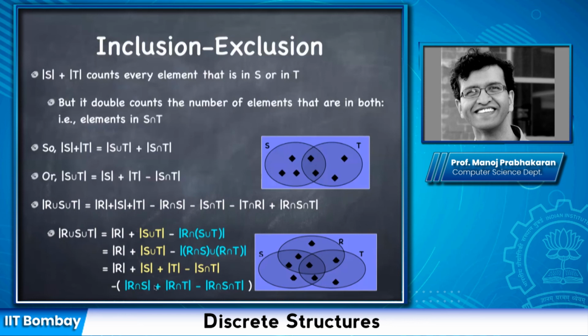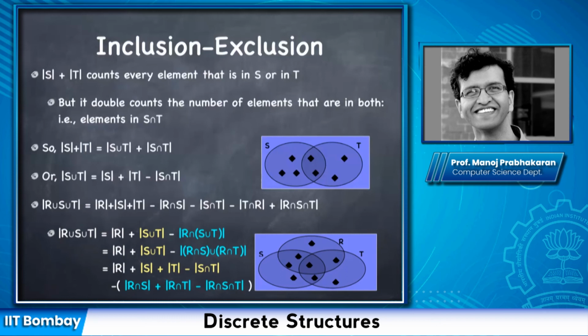So that's where you get these 3 terms here: size of R intersect S plus size of R intersect T minus the size of the intersection of R intersect S and R intersect T. But that's the same set as R intersect S intersect T. It doesn't matter that you intersect it again with R once more. All right. So this is a useful property to remember.